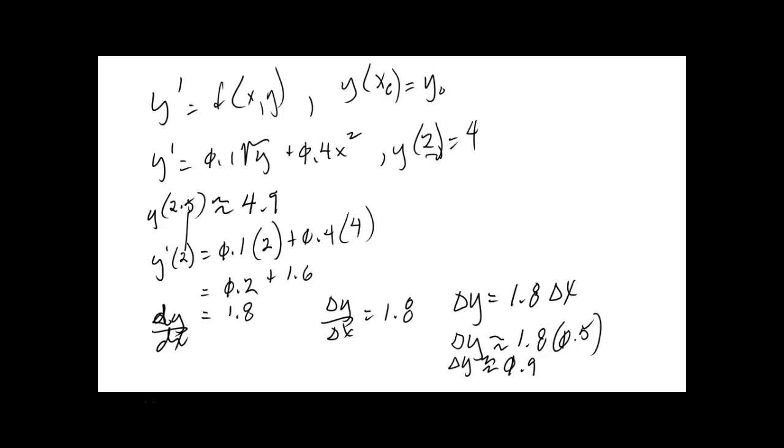Okay. It is a bit strange, but it's what they're doing. Rather than choosing a delta x of 0.5, they use a delta x of 1, a change of y per change of x of 1.